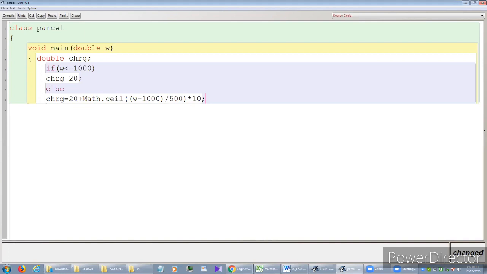If you give 1.5, you will get 2.0. If you give 1.00005, you will get 2.0. If you give 0.00 something, you will get 1.0. If you give 5.1, you will get 6.0. This is what ceil means, ceiling. Are you getting me, Deepan? Yes, sir. Have you understood? Yes, sir. Okay.